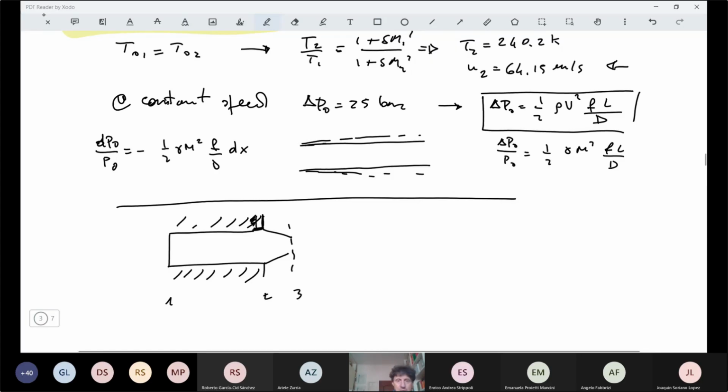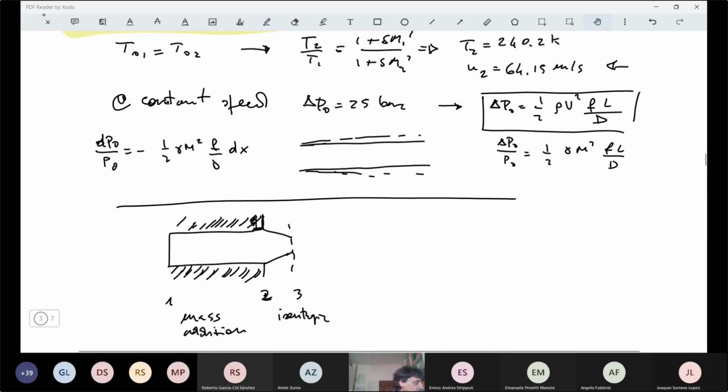We have three positions that we would like to consider, and here I marked with these lines the existence of a solid propellant. So from 1 to 2 we have mass addition, and from 2 to 3 we have a converging nozzle that would be isentropic.